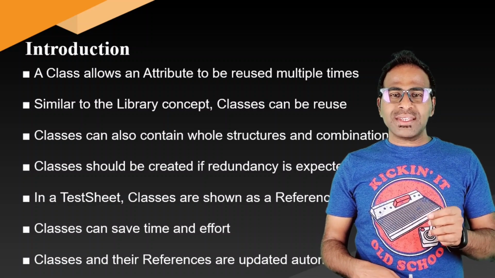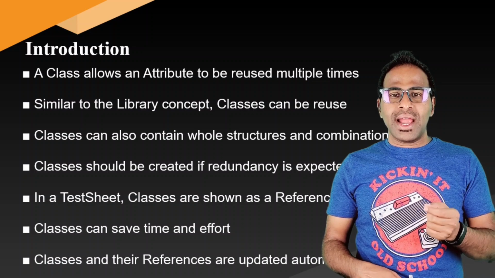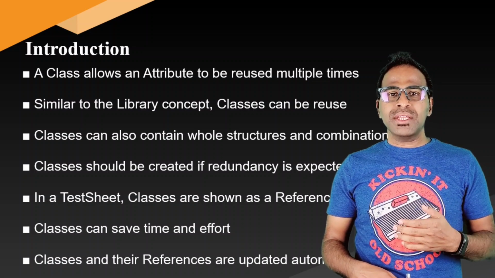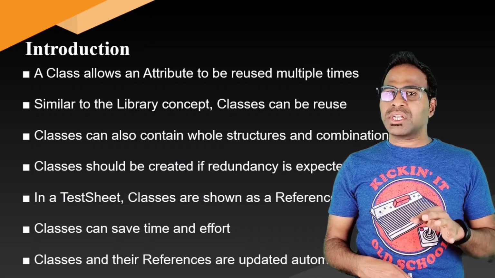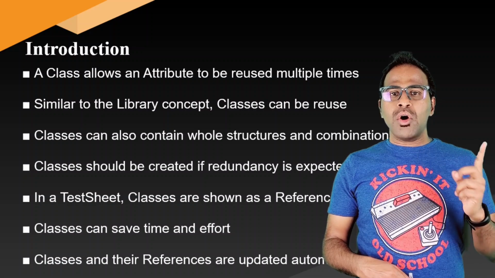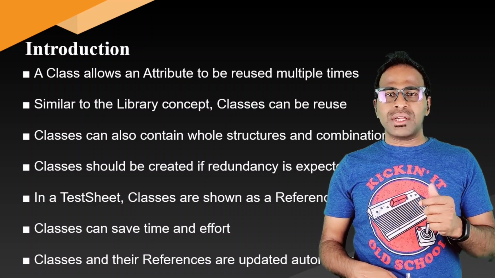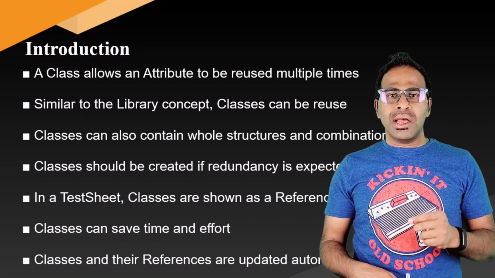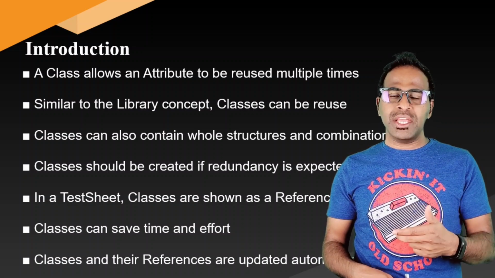And classes can also contain a whole structure and the combination. That means, in my previous videos, I have already explained test sheets. If you see on the screen, this is how you create a test sheet. Under the test sheet, you create attributes manually, and then you create instances under each attribute manually, correct?